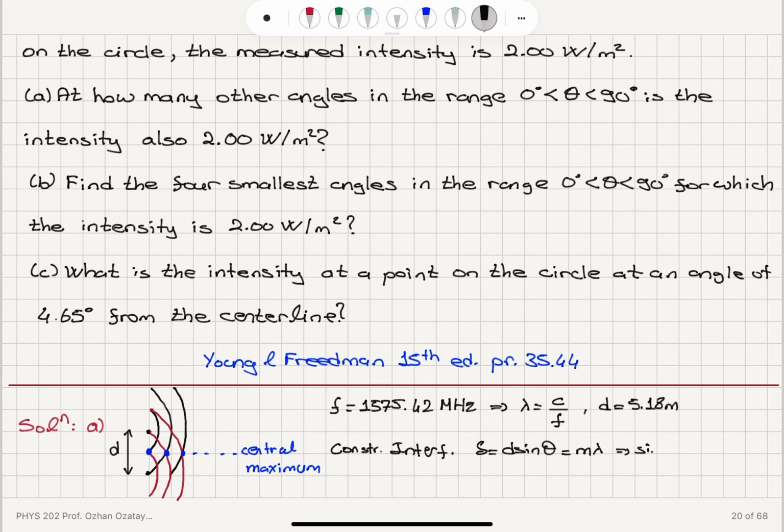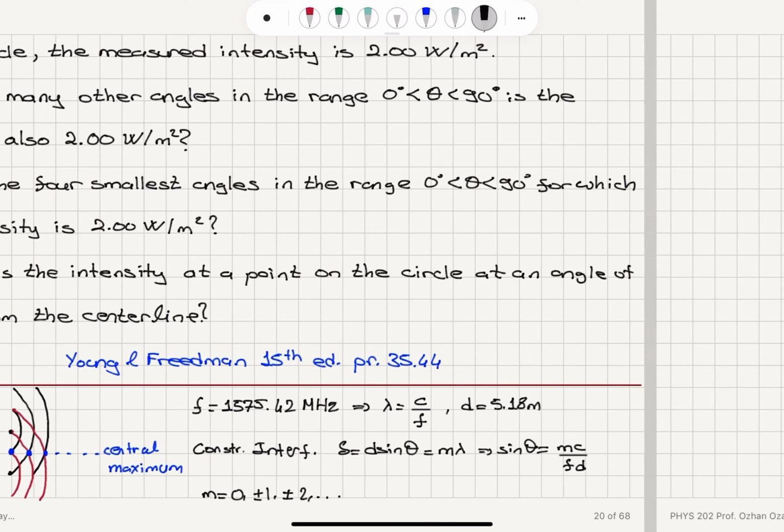So sine theta is equal to m c divided by f d. So c over f is our wavelength, m lambda over d, which is m c divided by f d. So m can take values 0, plus or minus 1, plus or minus 2. So m equals 0 is our central maximum.